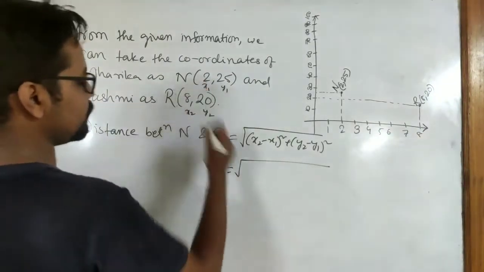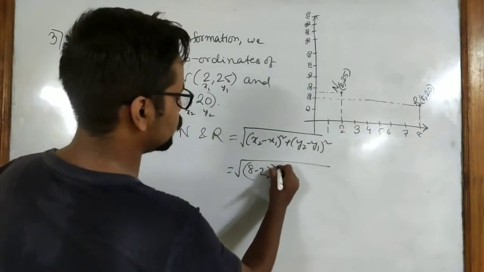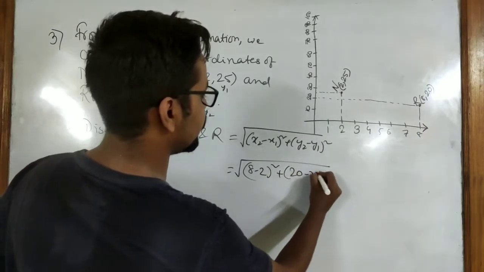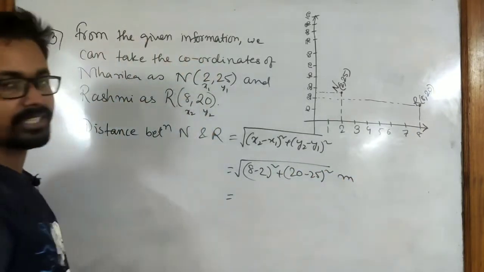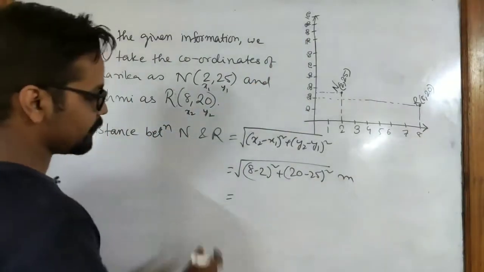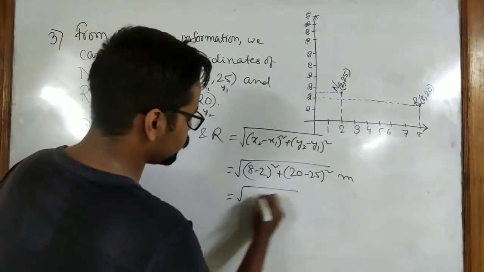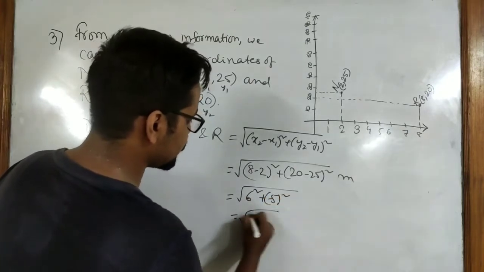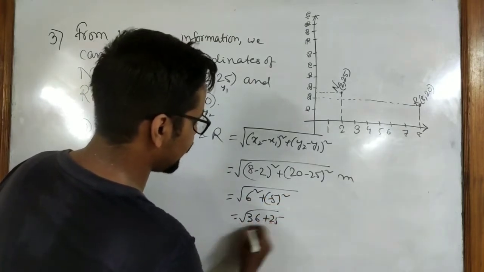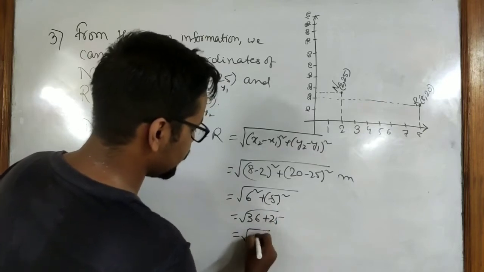So x2 minus x1 means (8 minus 2) whole square, and this is (20 minus 25) whole square. And this is going to be in meters, because it is given that each flower pot is 1 meter. 8 minus 2 is 6 square, plus this is minus 5 square. So it is 36 plus 25, which is going to be root over 61.